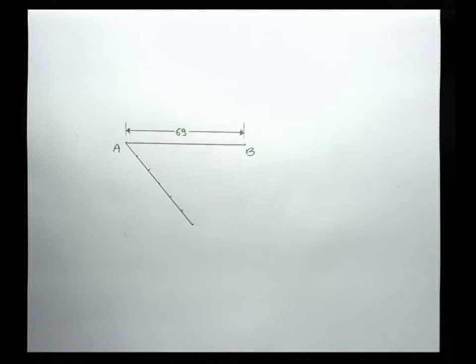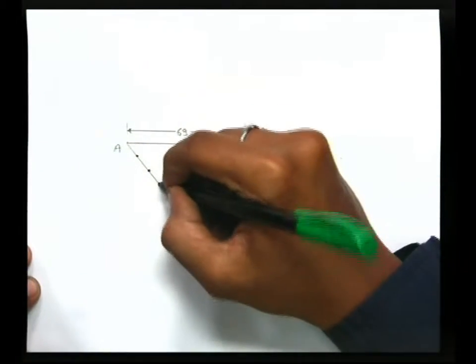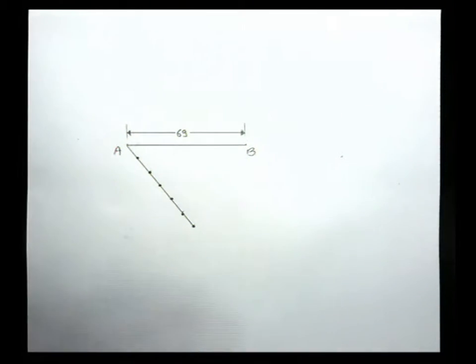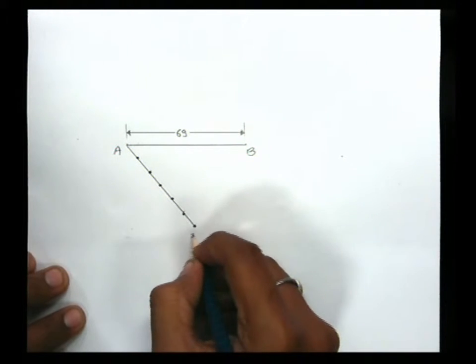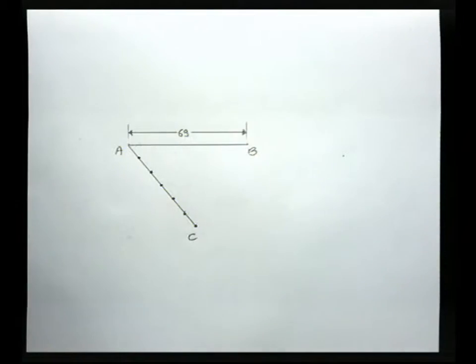I have divided this line into 6 equal parts. Let's call this line AC.